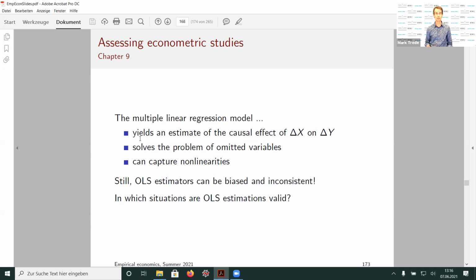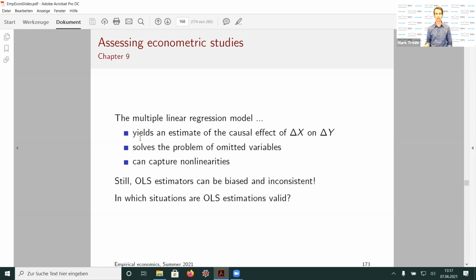But we've also seen that sometimes this estimate is wrong. So for instance, in the simple linear regression model, if we compute the marginal effect of X on Y, but if there are omitted relevant variables, then the causal effect is misestimated. It could be too large, it could be too small, anything could happen, but in general, what we get is just nonsense.